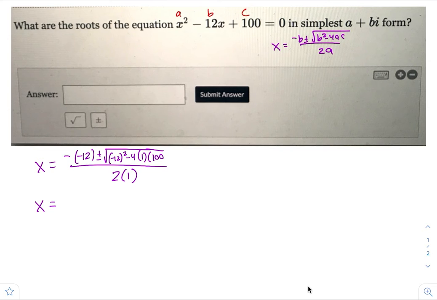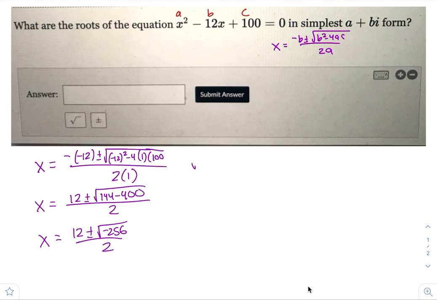So negative of negative 12 is 12, plus or minus negative 12 squared, which is 144, minus 4 times 1 times 100, which is 400, all over 2. And we get 12 plus or minus the square root of negative 256 all over 2. Now, for the square root of negative 256, let's get rid of that negative sign on the inside, so 256i.